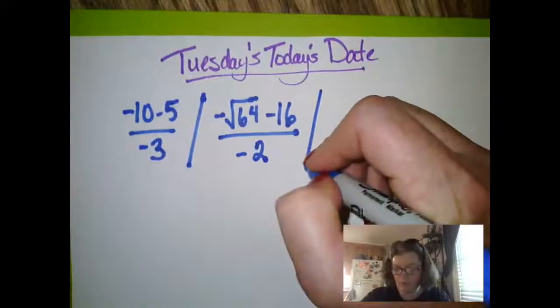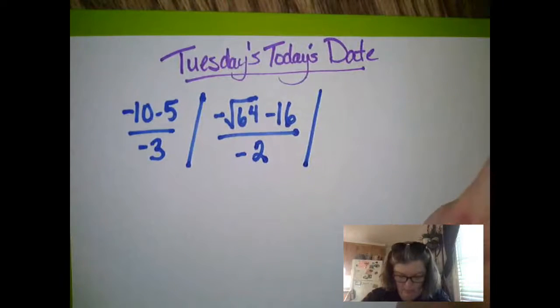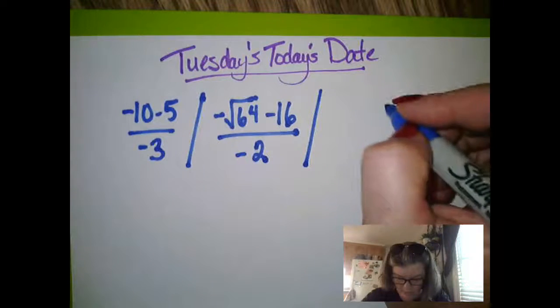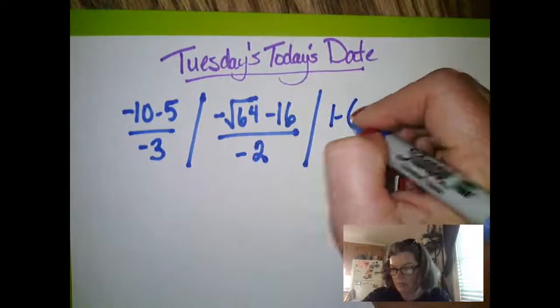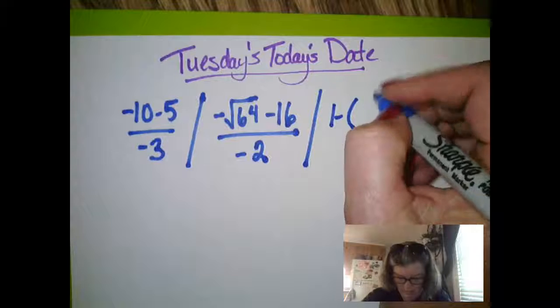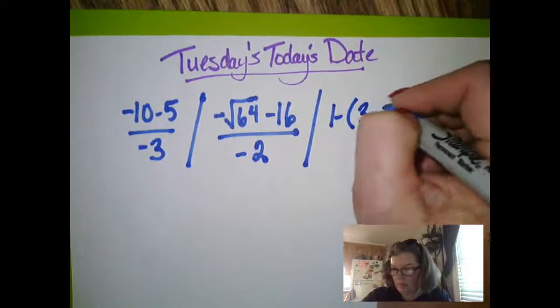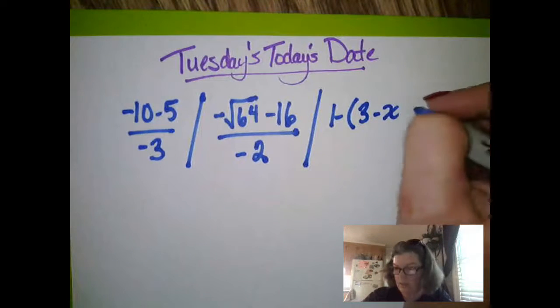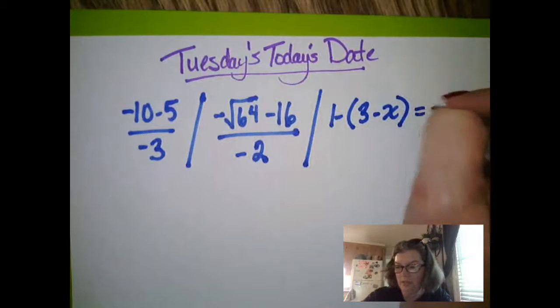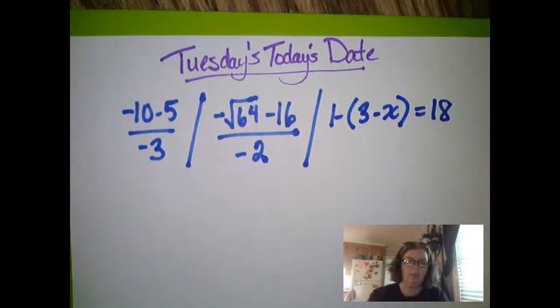And then for our year, we are going to keep this an equation: 1 minus parentheses 3 minus x, close parentheses, equals 18. Alright, so that's our today's date. Expressions and equations. If y'all want to take some time and work that out.